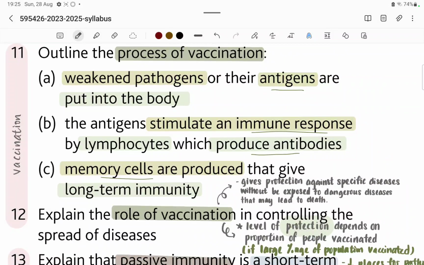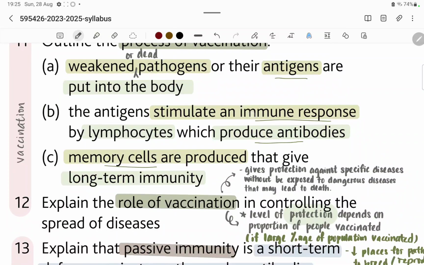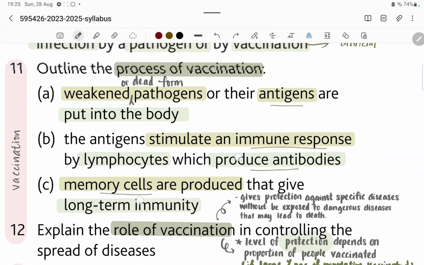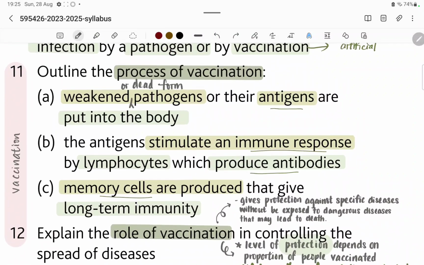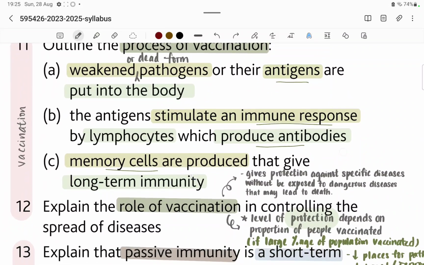This one uses weakened pathogens or a dead form. Some are not weakened, they are straight away dead. The pathogens are dead, so they are in an unharmed form, so that we won't really get infected, or their antigens are injected into our body.